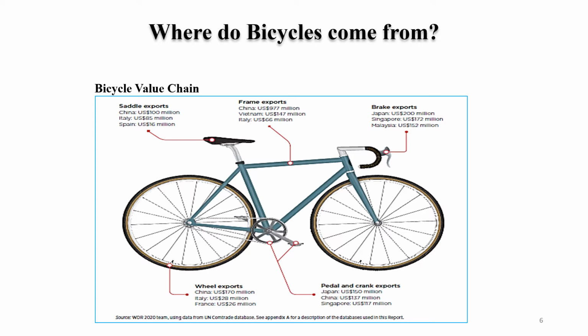Several countries are involved in producing components like frames, brakes, wheels: countries like China, Italy, Spain, Vietnam, Singapore, Malaysia. So different components are produced in different countries, and finally all these components come to a place and get assembled. So the global value chain helps to connect different components, and this is a new form of international trade that we are observing in the 21st century.